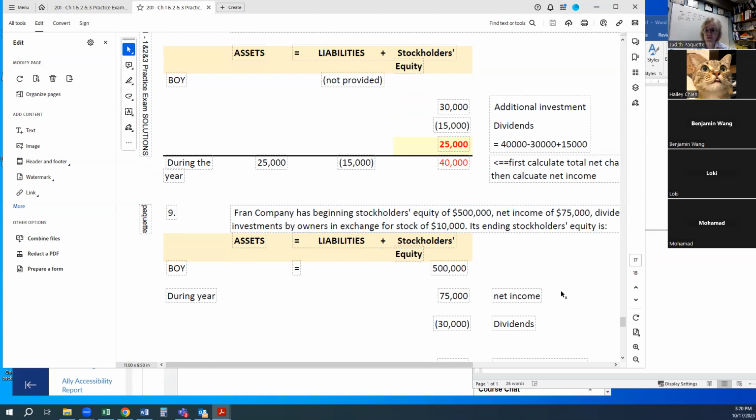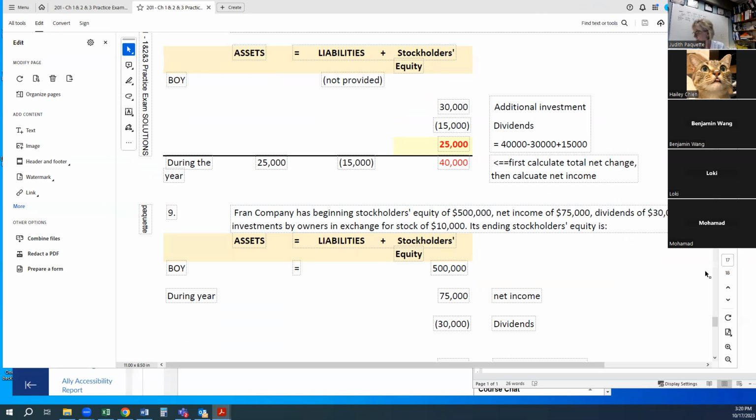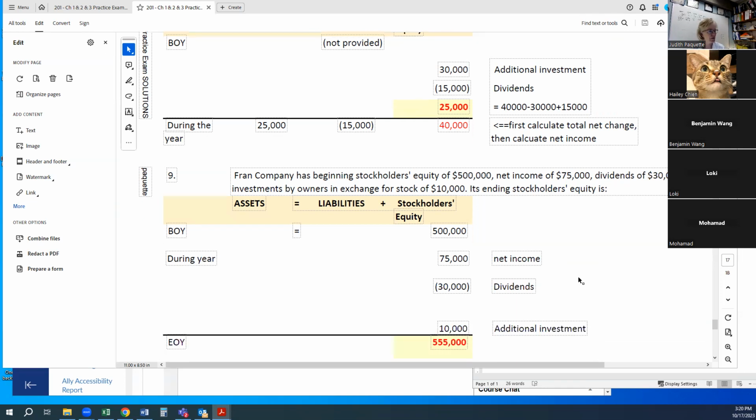How about number 9? Did you guys do that one? Did you understand that one? Yeah, it was easier than number 8. Okay, so that's pretty straightforward.